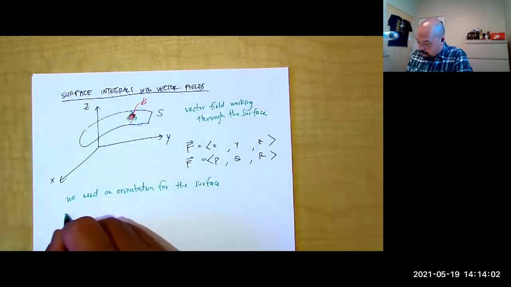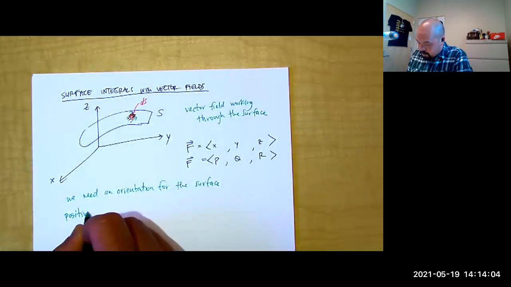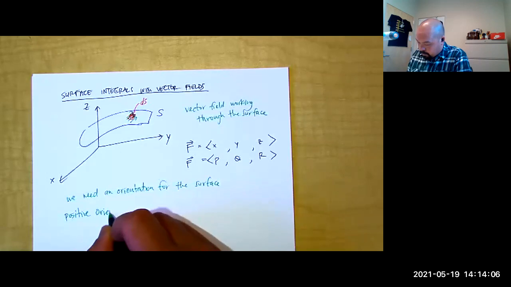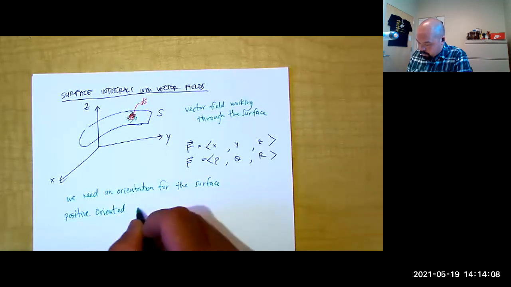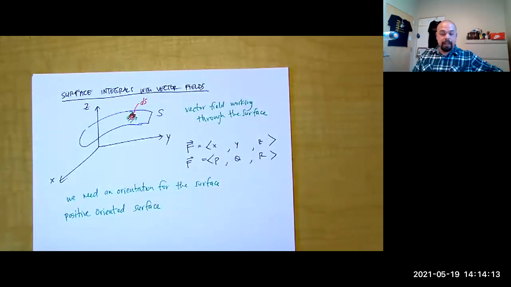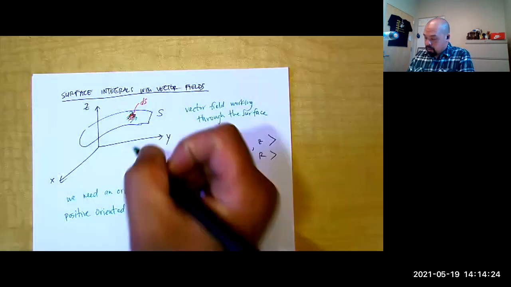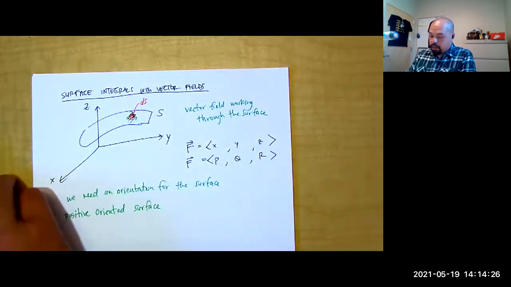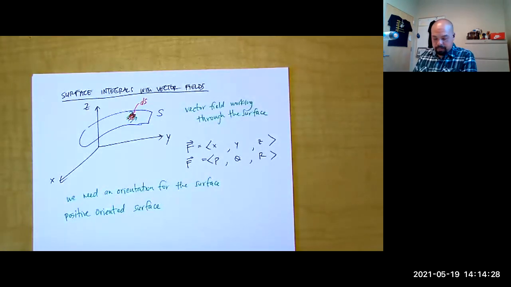And so in this case, for a positively oriented surface, okay, this orientation, that positively oriented surface is that we're going to see, we want that surface to be pointing kind of outwards, upwards. Okay.